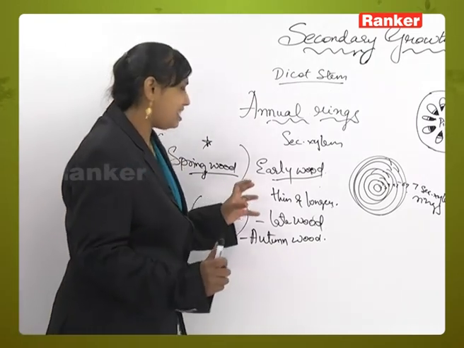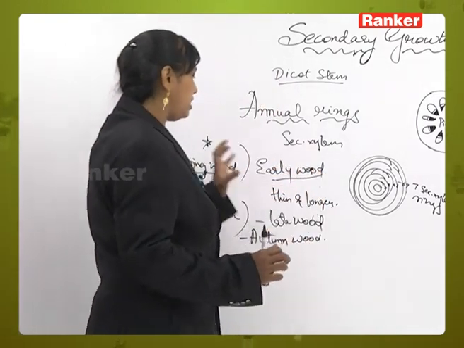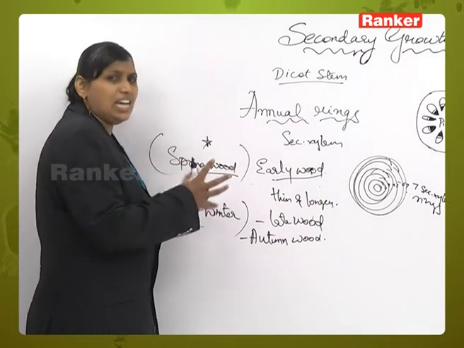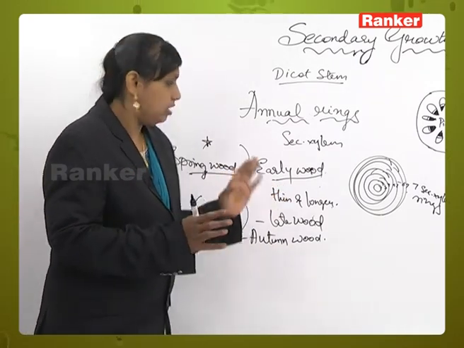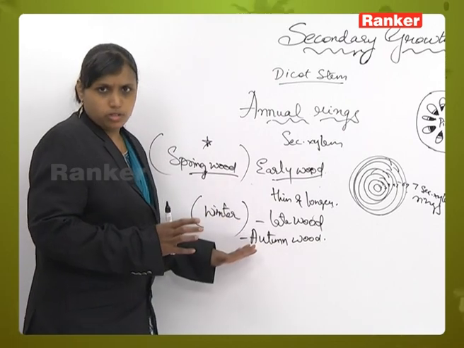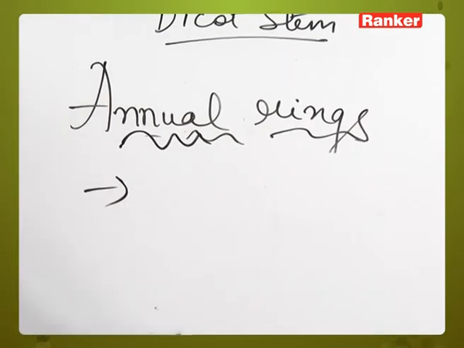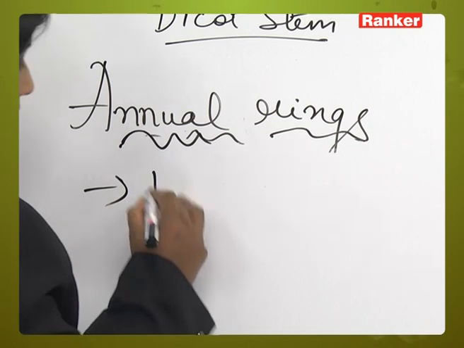Okay. Now, when we are seeing the TS in certain plants, the early wood vessels are very large and clearly differentiated from the autumn wood. Okay. Next, we are supposed to study two more terminologies.